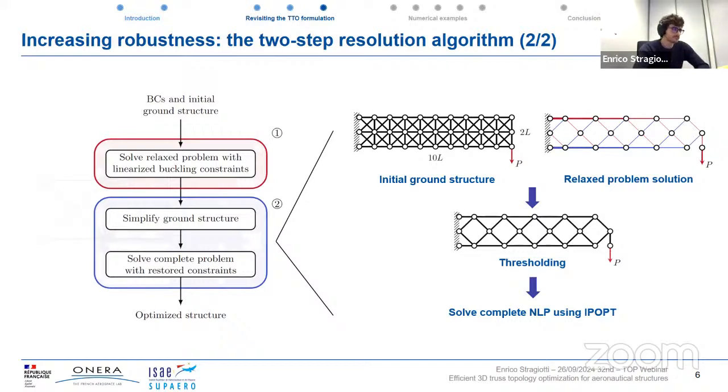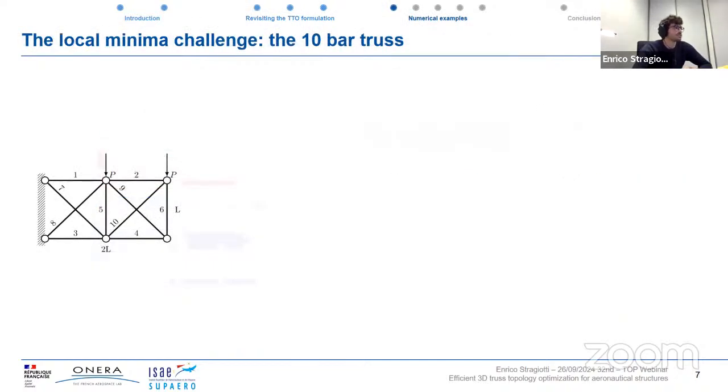If you want to actually assess the quality of this algorithm, we first have to see what would happen if we are not using the proposed methodology. I show you here a really simple load case, a 10-bar truss with only 10 bars.